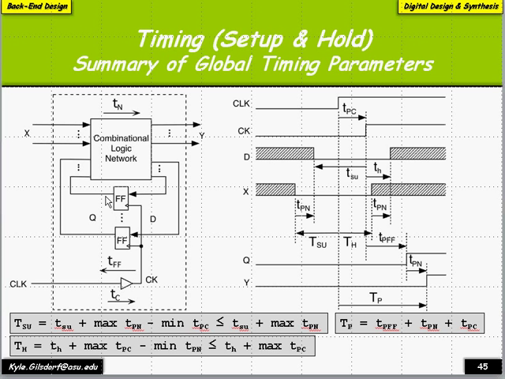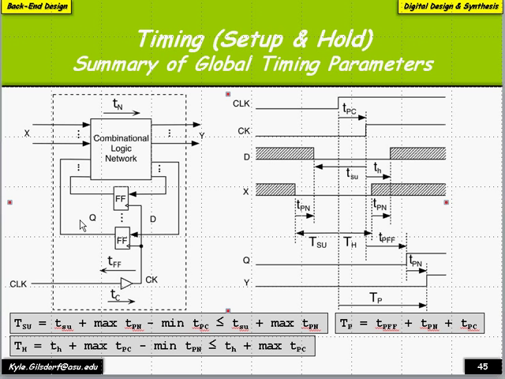Now, what this tells us is that we are concerned in terms of setup with the longest possible duration our combinational logic network can occur, and the quickest our clock can arrive. If you think about it, those parameters alone will stress our synchronous circuit the most in terms of setup timing.